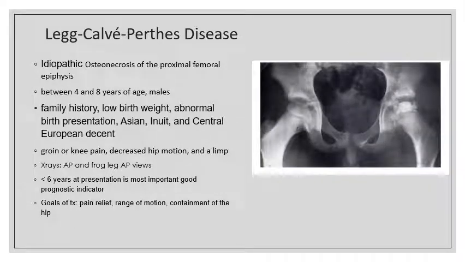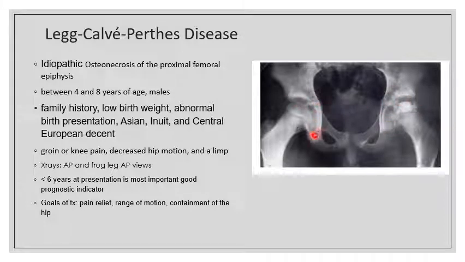Legg-Calvé-Perthes disease, or LCP, is the idiopathic osteonecrosis of the proximal femoral epiphysis, usually occurring between 4 and 8 years of age in males. If you can see this part, there's already osteonecrosis of the proximal femoral epiphysis as compared to this one.